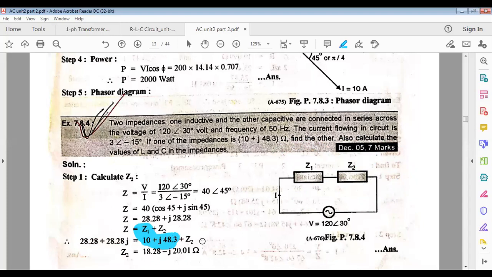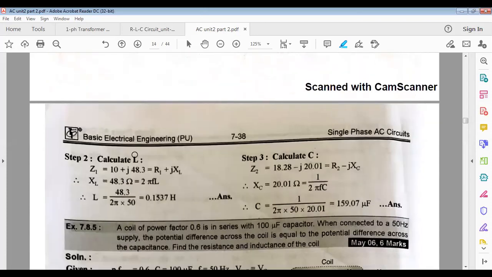Yes, ma'am. For XC, compare the imaginary part with XC? No, the imaginary part of Z1 has to be compared with XL. Yes, okay. And for XC, the imaginary part of Z2 is C, which I have highlighted. Compare Z1's imaginary part with XL and you will get L. Z2, see here, its imaginary part you compare with XC, you will get C. See. Okay. Any difficulty with this sum?